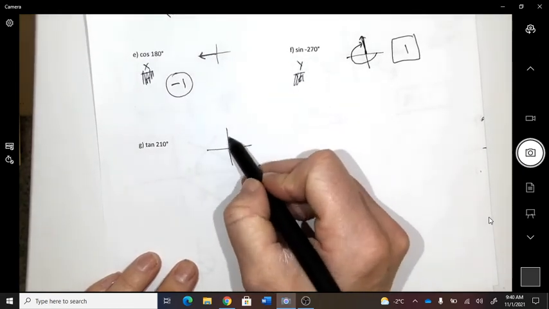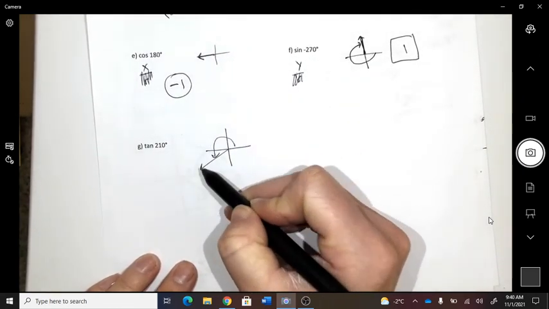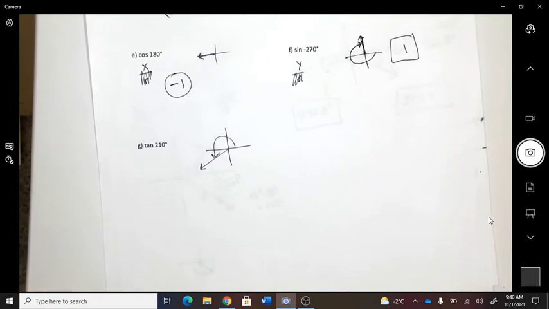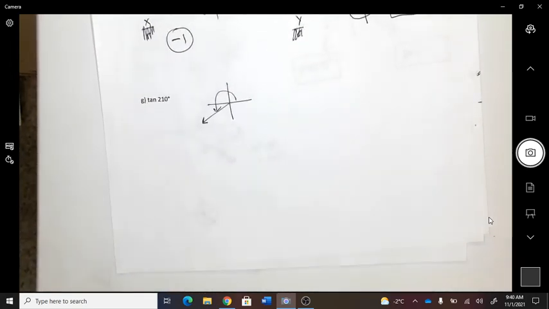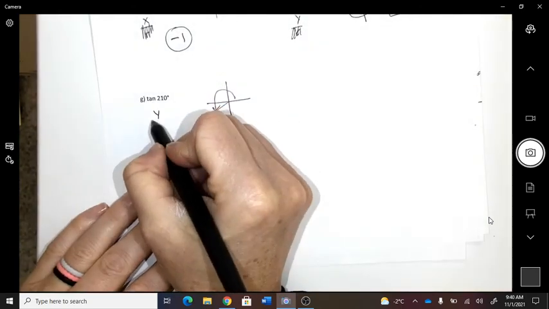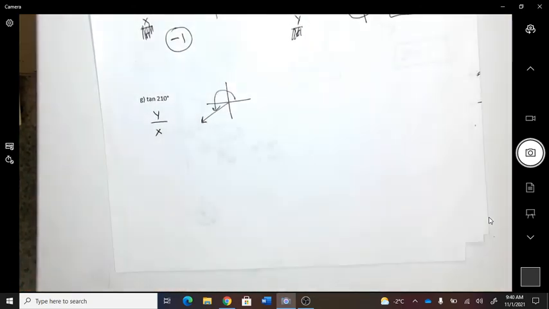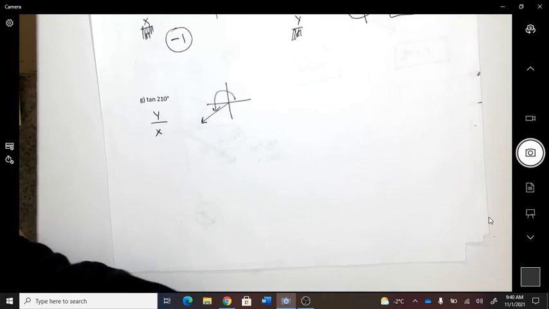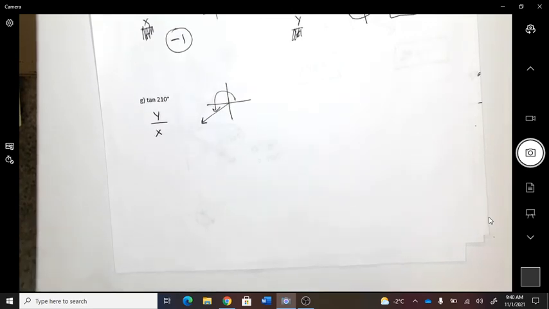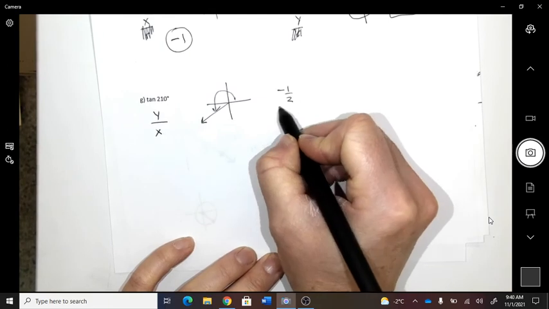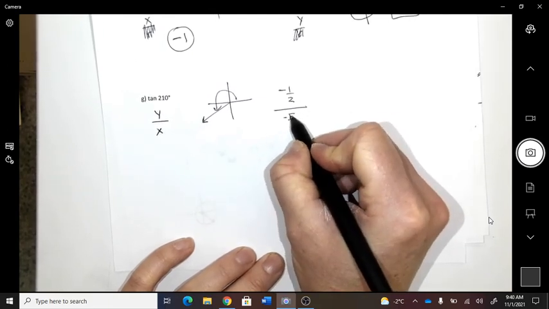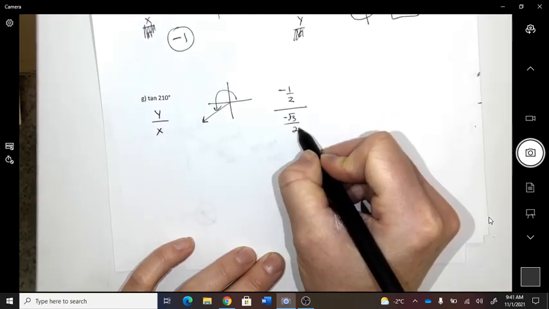Okay, and the last one is 210. So I'm looking on my circle. So 210, it's right on there. And I'm going to have to do a y divided by an x, because that's the formula. Okay, so y is negative a half and then negative root 3 over 2.